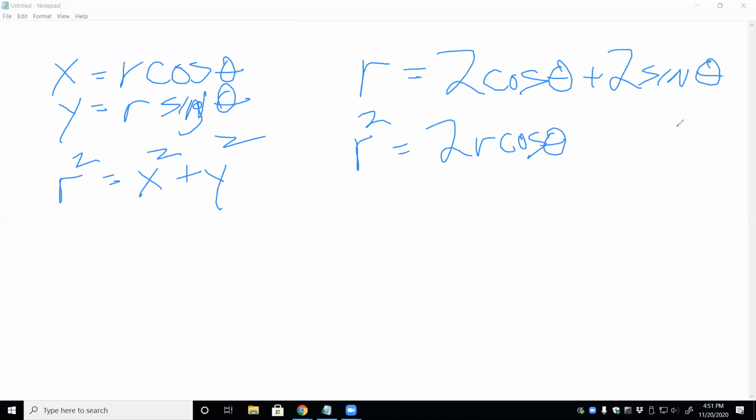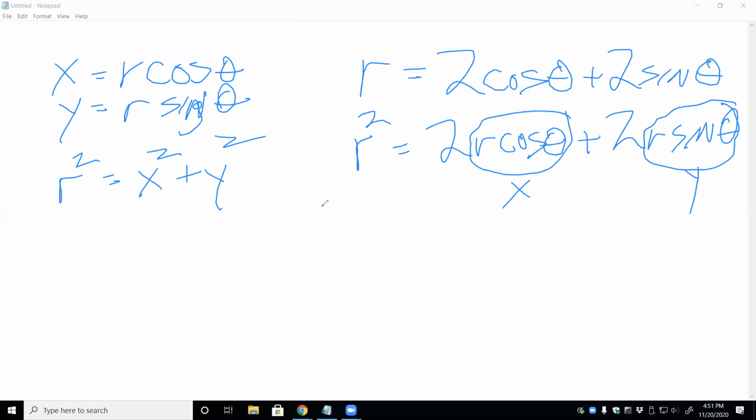You with me? I'm with you. That's equal to x, and that's equal to y. And this is equal to x squared plus y squared. So what I end up with is x squared plus y squared equals 2x plus 2y.